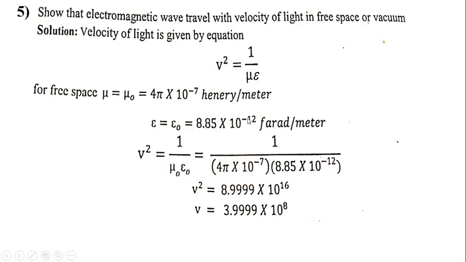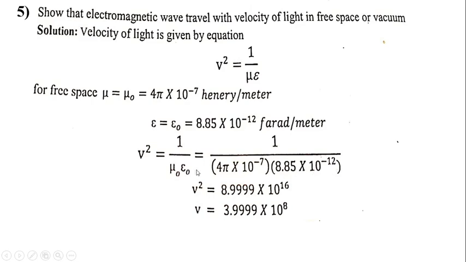So velocity of light is given by the equation v square equal to 1 upon mu into epsilon, or v square equal to 1 upon mu 0 epsilon 0, and that is equal to 1 upon 4 pi into 10 raised to minus 7, that is the value of mu 0, and epsilon 0 equal to 8.85 into 10 raised to minus 12.